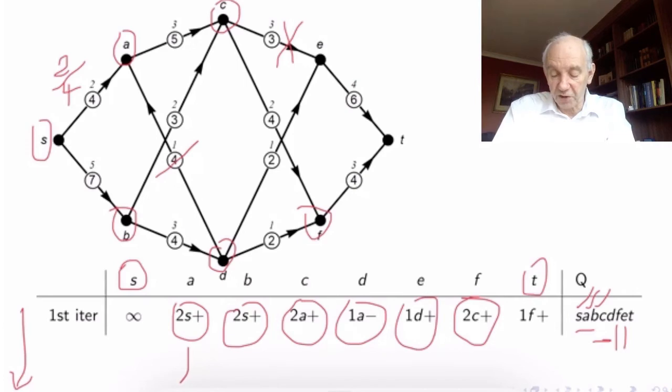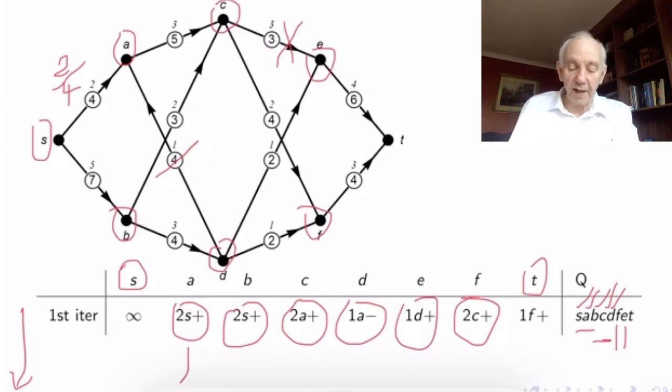Now we're almost finished. What is next in the queue? We did C, we've done D. Next in the queue is F. Not E, but F. So from F, we can get to T. So T is labelled and added to the queue. And we can get 1 unit.